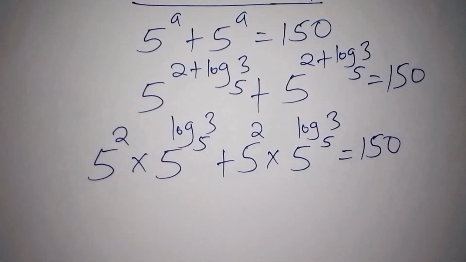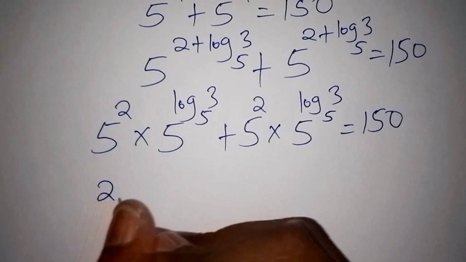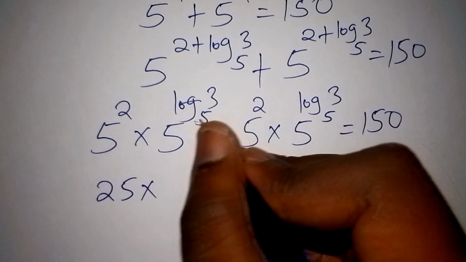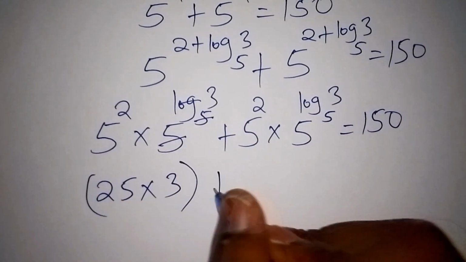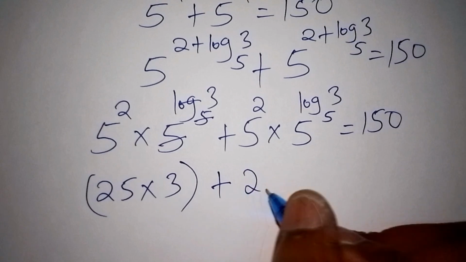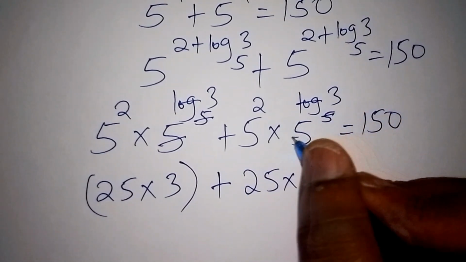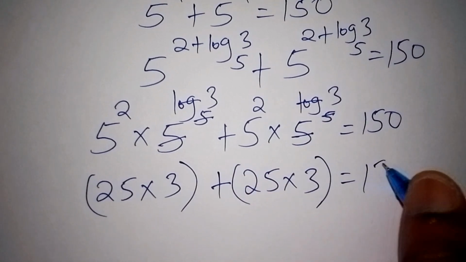So 5 to the power of 2 is 5 times 5, that is 25. Multiplied by, the log to the base of 5 shall cancel with this 5, so by 3. Then again plus 5 to the power of 2 is 25, multiplied by 3, is equal to 150.